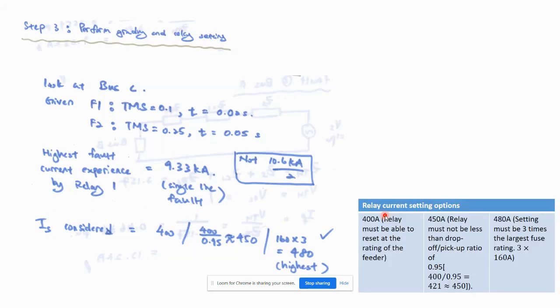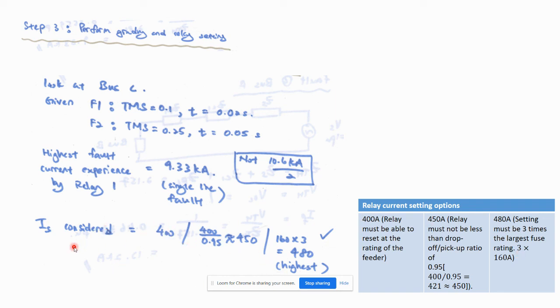So when you are coordinating relay and fuse, these are the three special considerations that you need to consider. The first one, 400, is the current that the feeder can withstand. 450 amp is obtained by dividing by the ratio, and then 480 amp setting is due to the requirement that the relay must be 3 times larger than the fuse rating, which is 160 multiplied by 3.